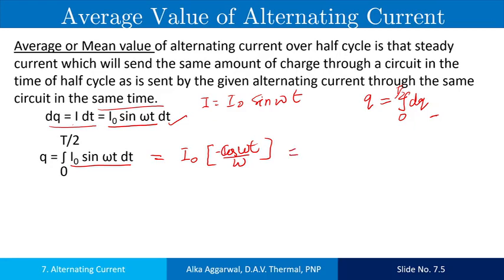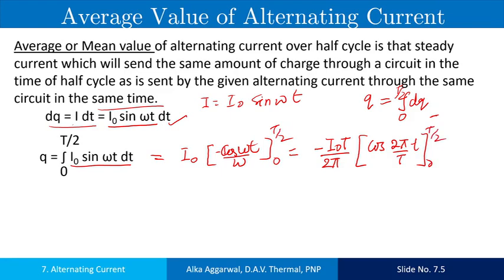And this can be written as minus I naught upon, in place of omega, 2 pi upon T, cos 2 pi upon T. Limits are from 0 to T by 2.